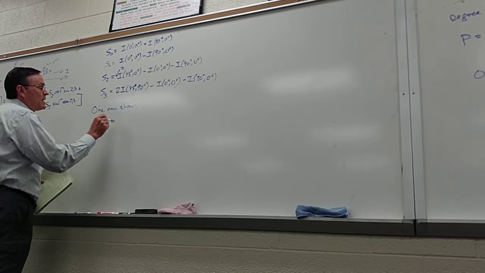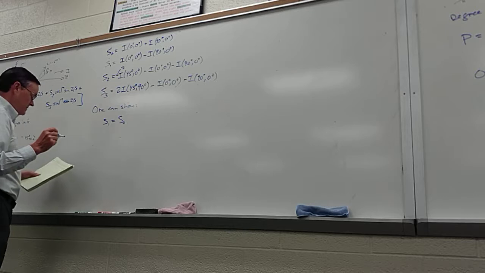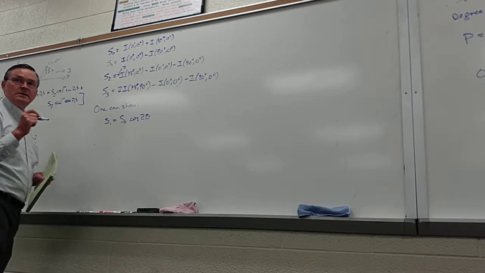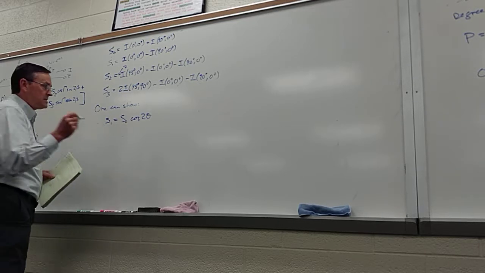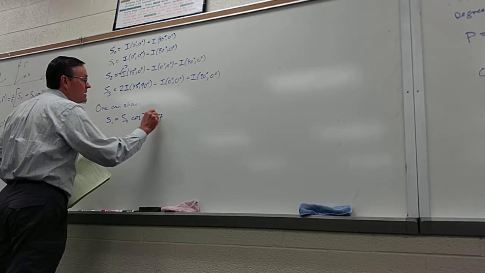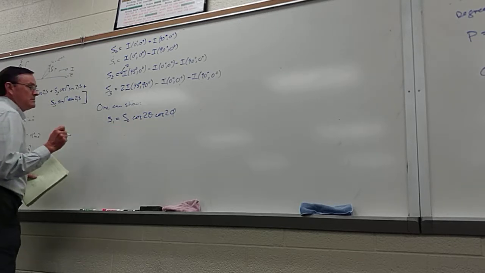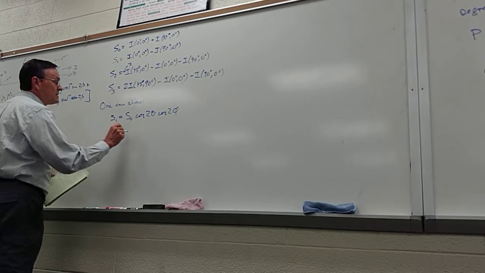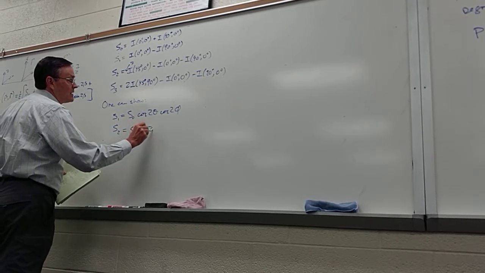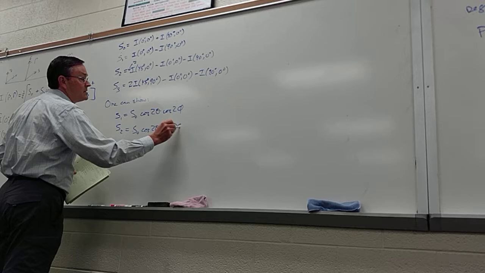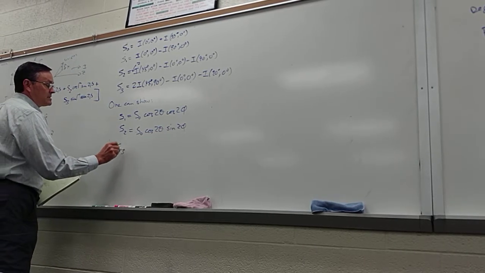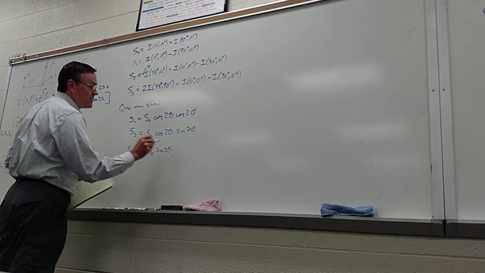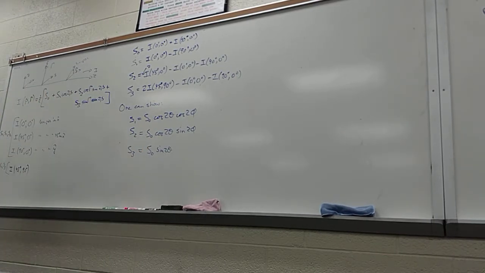S1 is S0 times cosine of 2 times theta. What's theta? Ellipticity angle. Times cosine of 2 times phi. Phi is the orientation angle. And S2 is S0 cosine 2 theta times sine of 2 times the orientation angle. And S3 is S0 sine of 2 theta. So one can show.